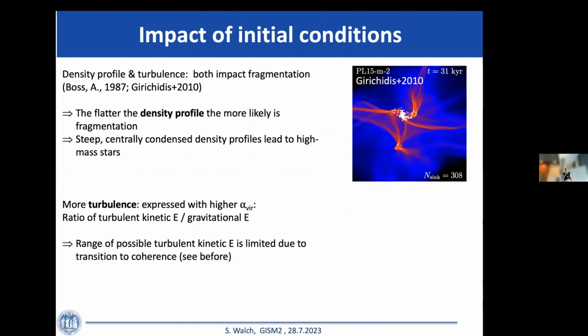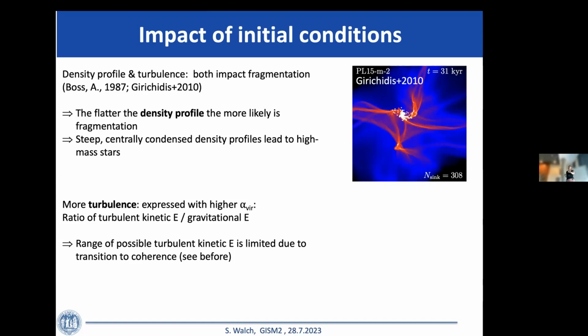So I wanted to point out some works, because right now we only talked about the turbulence, but actually also the density profile really matters. So there has been early work by Alan Boss already in 1987, where he showed that when cores are basically uniform density, they are much more prone to fragmentation than if they are centrally condensed.